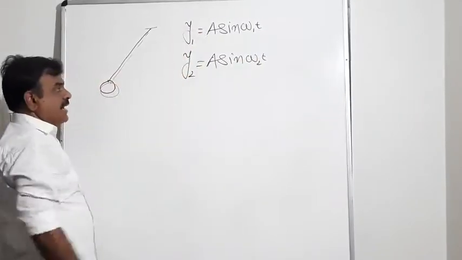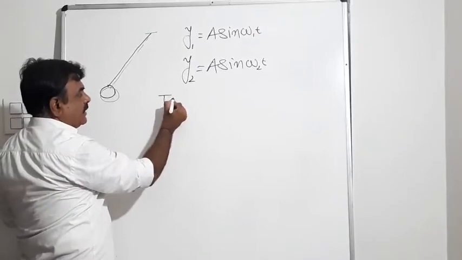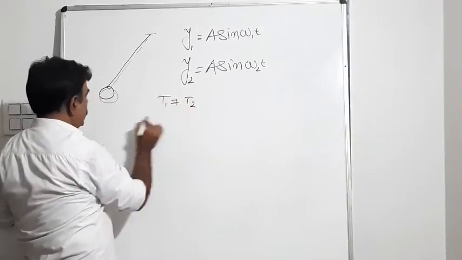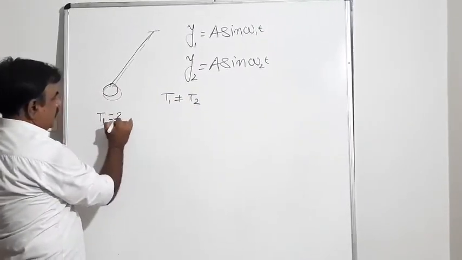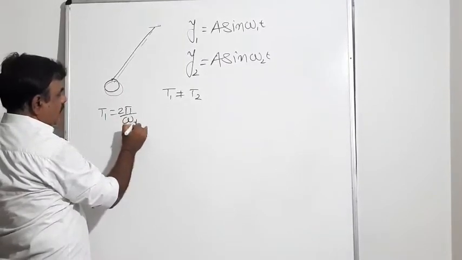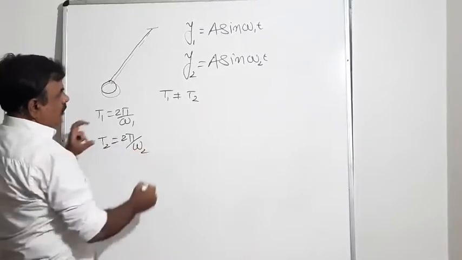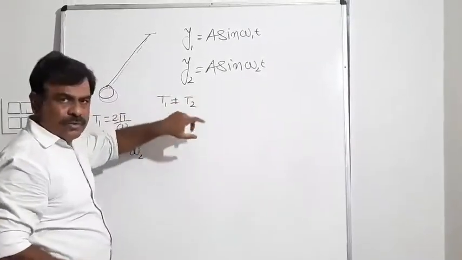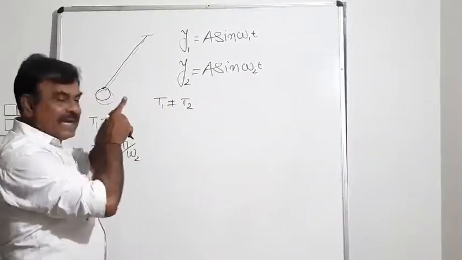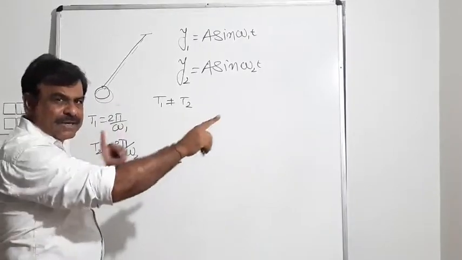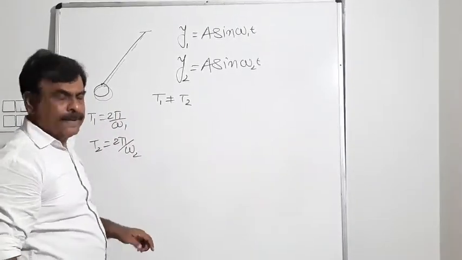So naturally the way I have written the equations, it is clear that T1 is not equal to T2, because T1 is 2 pi by omega 1 and T2 is 2 pi by omega 2. So here T1 is not equal to T2, which means they start in the same phase, but after some time they will not be in the same phase.